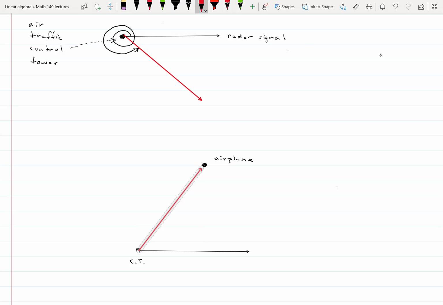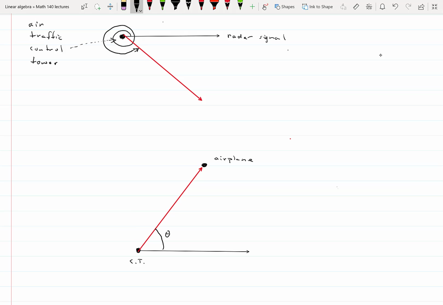At that moment, the control tower will measure this angle, sort of the angle of elevation, if you will. We used to call this the angle of elevation. We'll measure that angle, and we'll measure also the distance to the airplane.